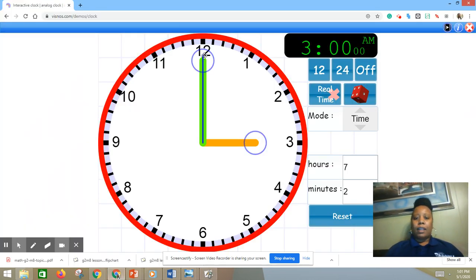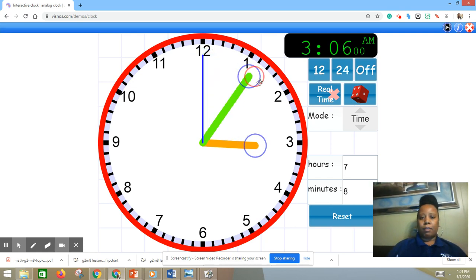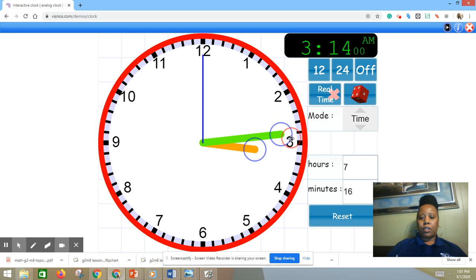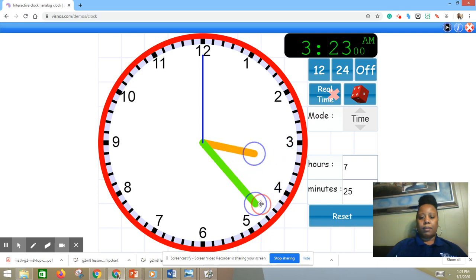Okay, let's practice a few more. If I put my hand on the 3, we have 3:15, and also we have a quarter past 3 o'clock. Good job. Let's go to our 6.